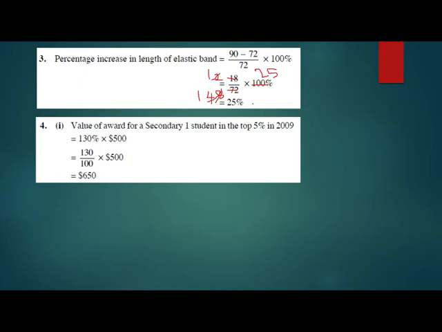You have to find the value from the book, in the second row for Secondary 1 top 5%. They are asking to find the value of the award of a Secondary 1 student in the top 5% in 2009.